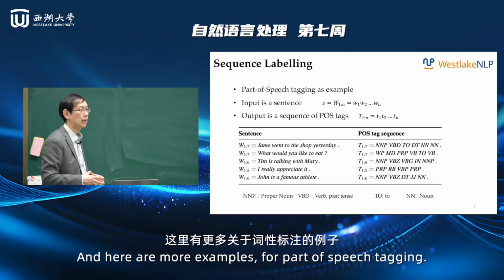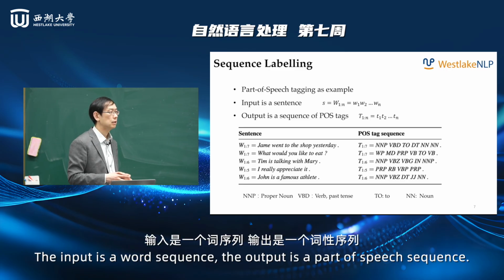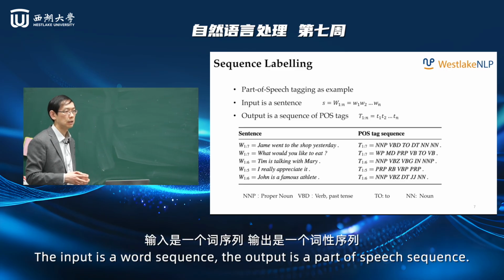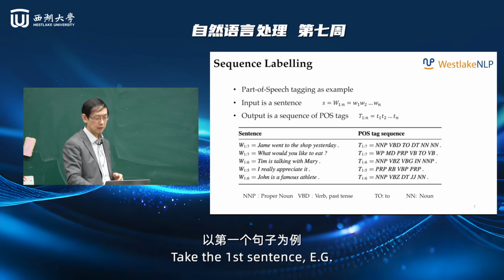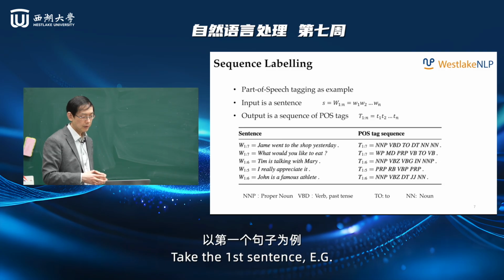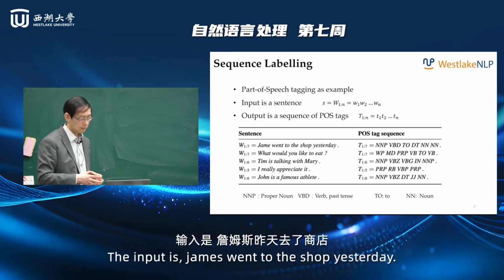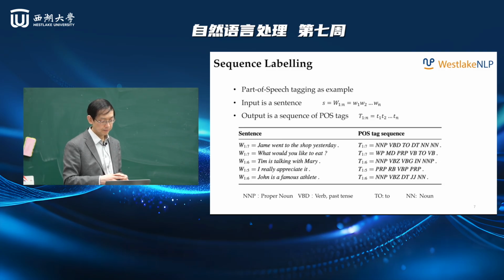For part of speech tagging, the input is a word sequence, the output is a part of speech sequence. Okay, so take the first sentence. For example, the input is James went to the shop yesterday.